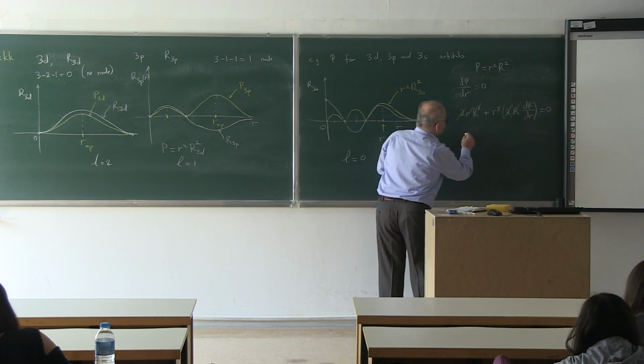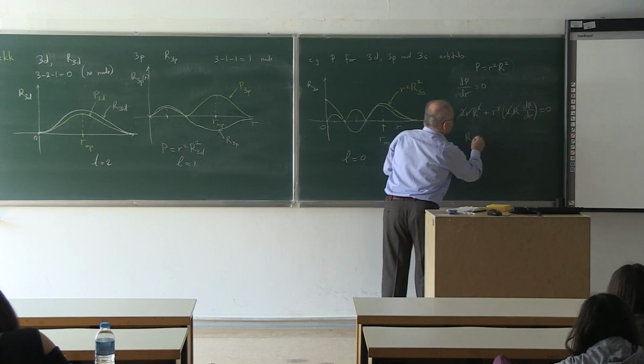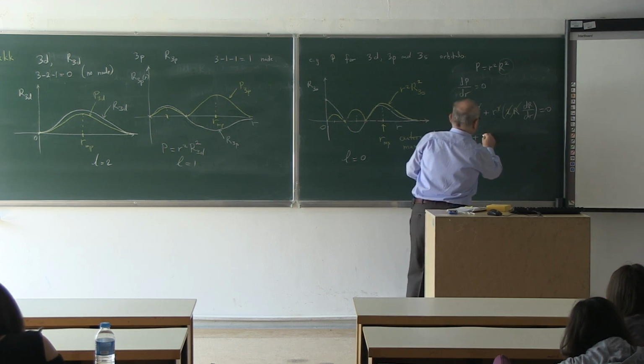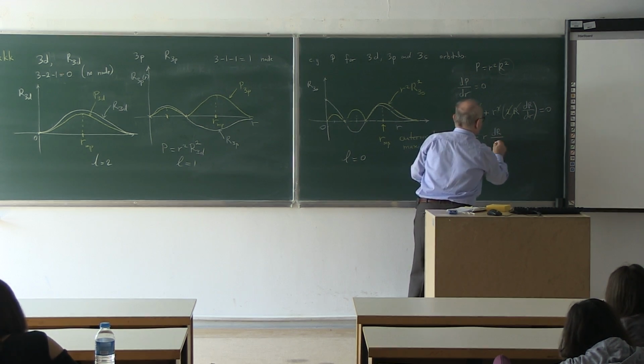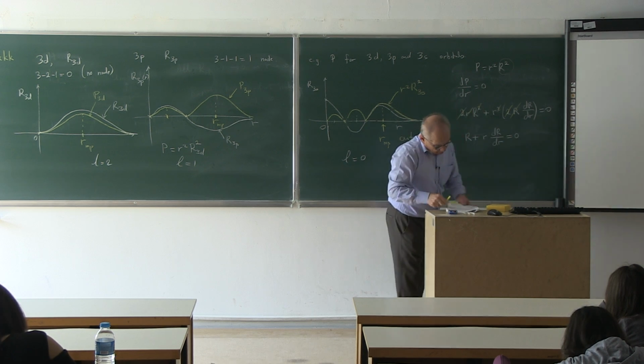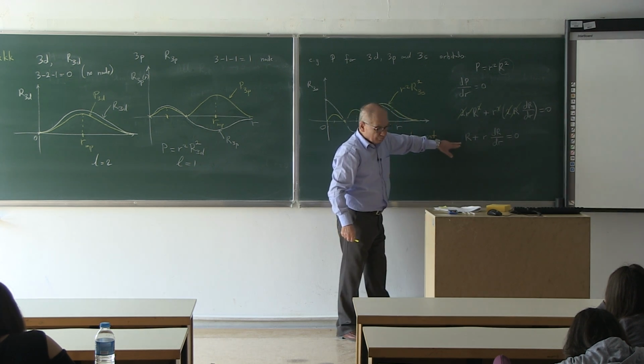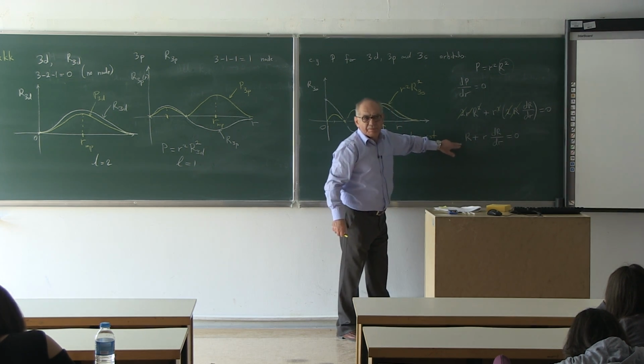What remains is r plus r times the derivative of R. Is this clear?